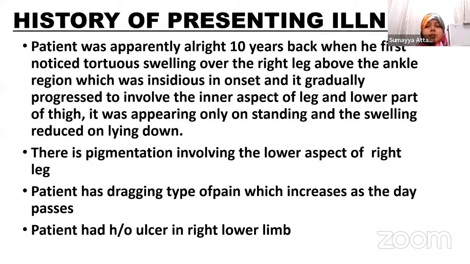In primary, we have veins that don't have valves, or when there is valvular incompetency, and in secondary causes we have any pathology involving the abdomen or the thoracic cavity that leads to incompetency of the wall, sir, which leads to pooling of the blood in the lower limbs, that leads to tortuosity, expanding of the veins, sir. So can you tell me which is a congenital cause of varicose veins?